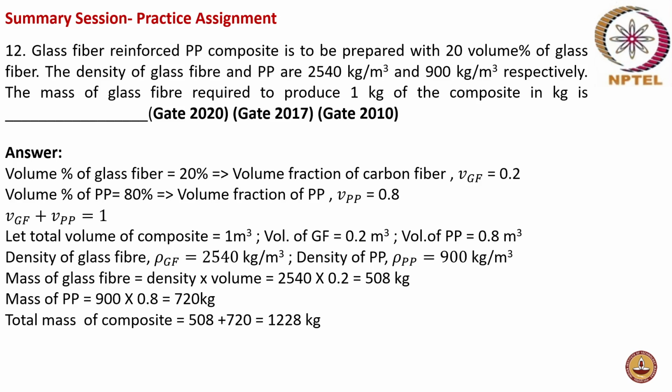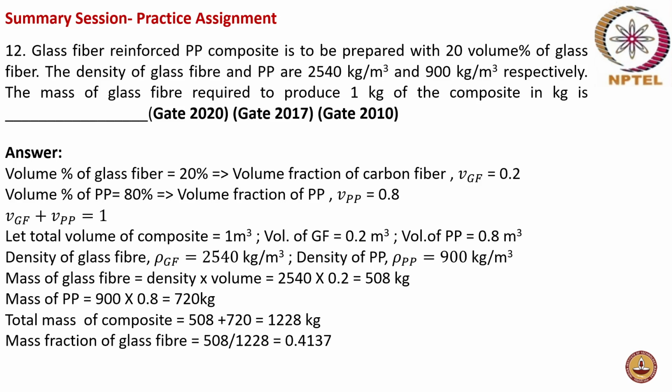So the total mass will be, once you add these masses, the total mass, and then the mass fraction will be the individual mass of the glass fiber by the total composite mass. So that will give you what will be in 1 kg.